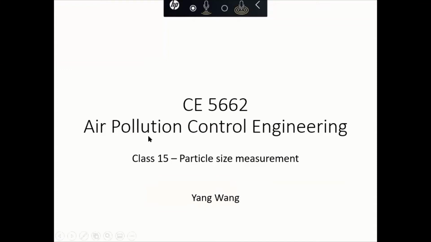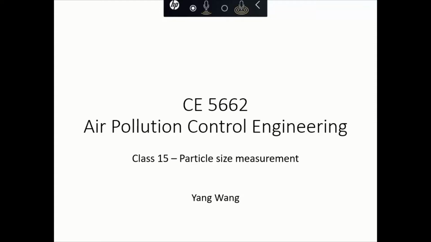Okay, so this section of topics is basically a review, or a broader topic section, about particle size measurement. Until now, we've talked quite a lot about particle sizes. We mentioned that size is important because it affects the performance of the different control methods.